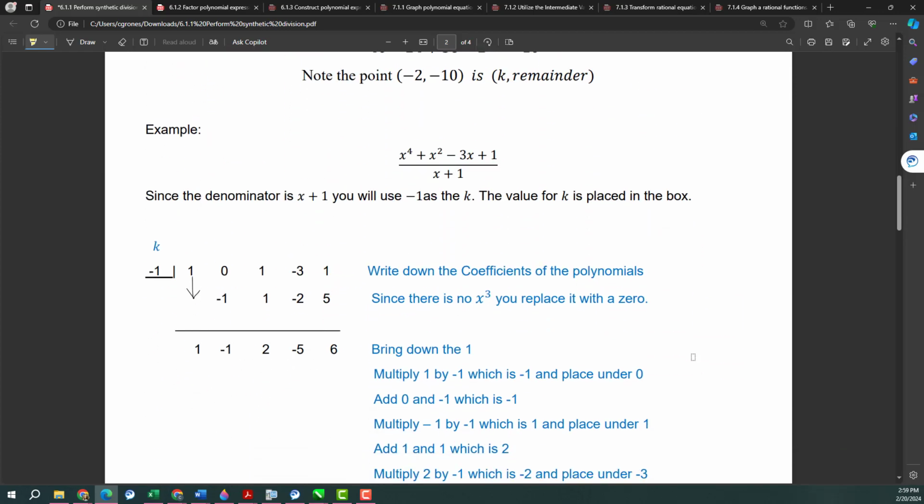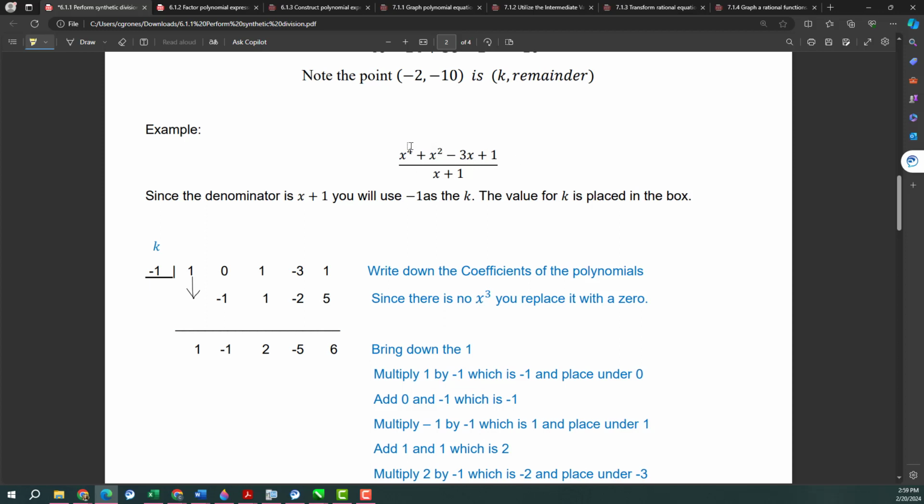Okay, here's another example. Again, x plus 1 needs to be in the form of x minus k, so you're going to divide by -1 for k. You are going to put a 0, since we have x to the 4th plus x squared minus 3x plus 1.